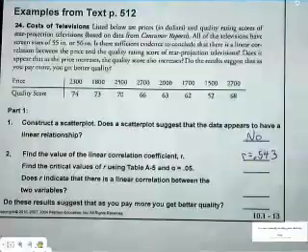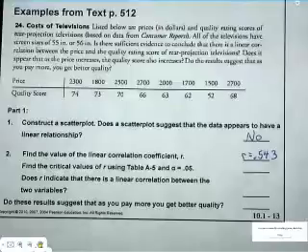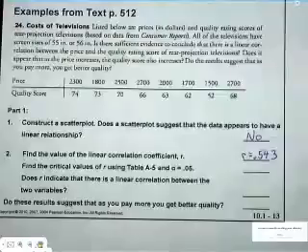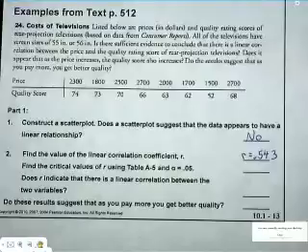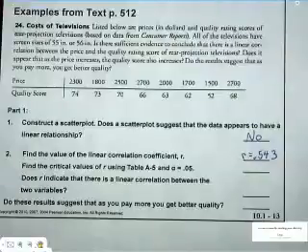Look back at the screen where I have that table from A5. Look under the 0.05 column for significance level and the 8 ordered pairs row. I think that's right, 0.707.